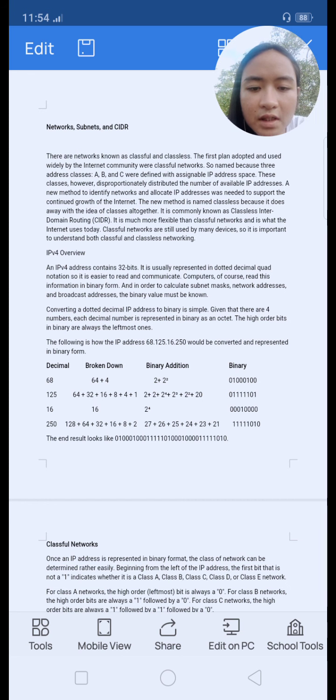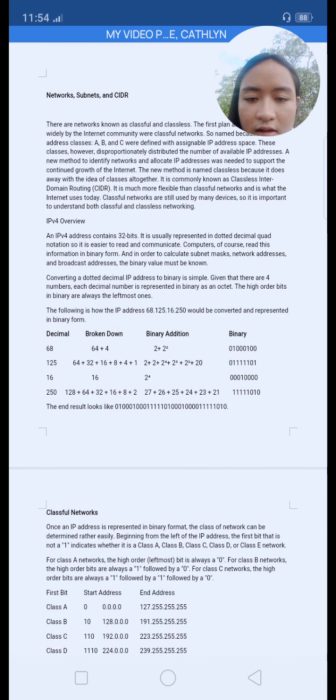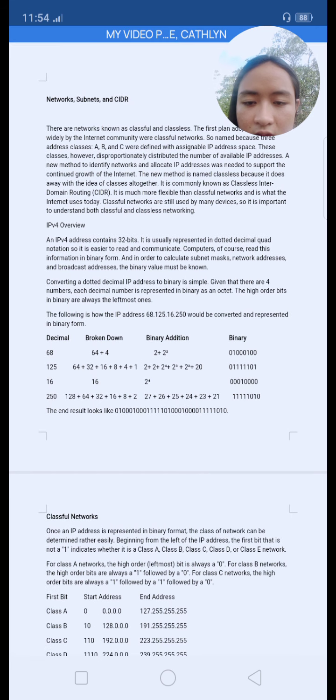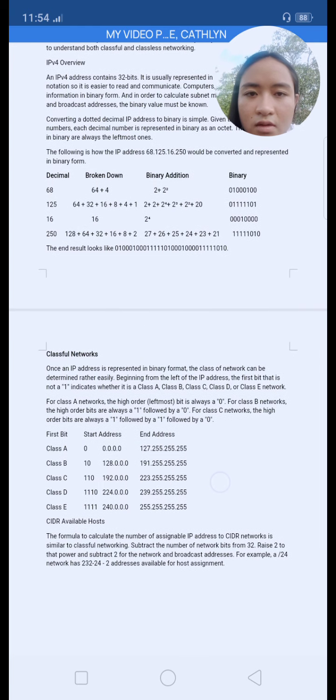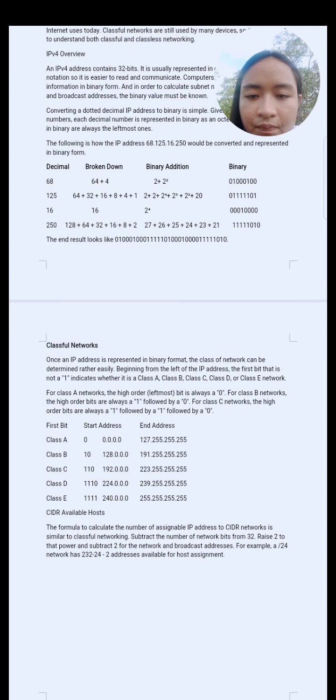In binary, we have 1, 1, 1, 1, 1, 0, 1, 0. So this is the result. Look alike. So here, as you can see. So let's proceed.